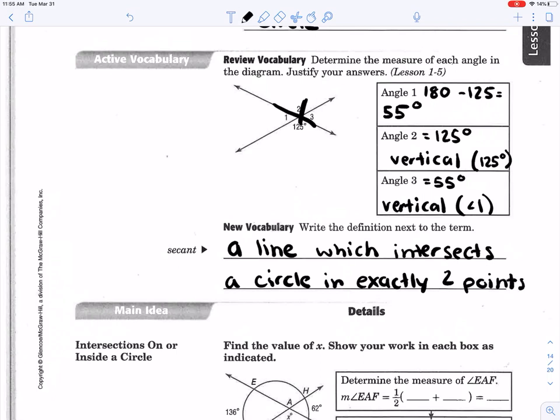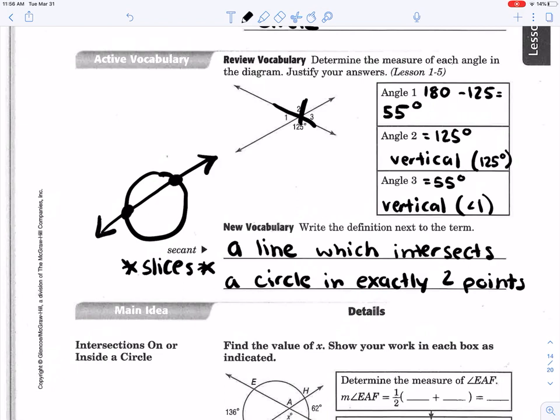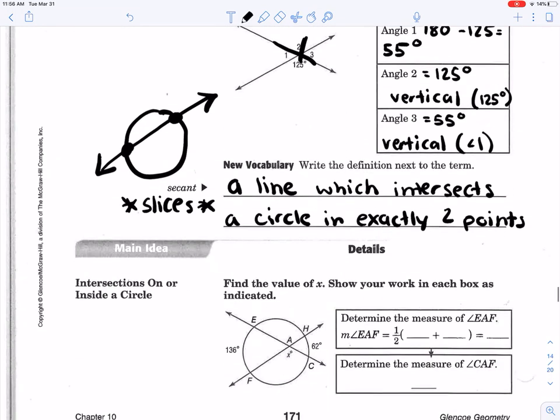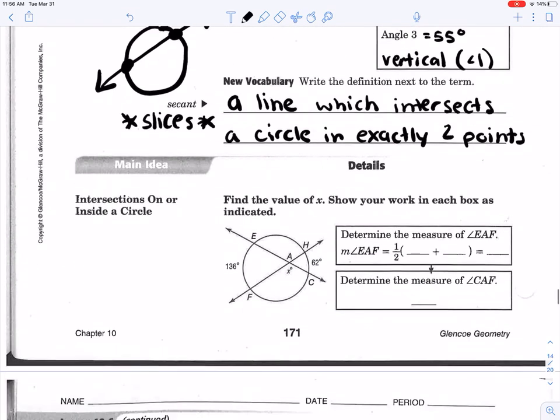So I remember the difference between secant and a tangent. Tangent touches and a secant slices. So it's going to go straight through the circle. If this is my circle, my secant is going to intersect not at just one spot, but in 2 different spots. So it goes all the way through so that it can intersect in 2 places.